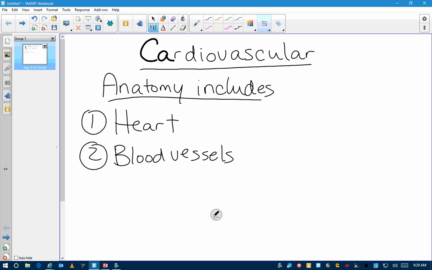So anatomy, so heart, blood vessels, and blood. Those are the three things we'll look at for this unit.